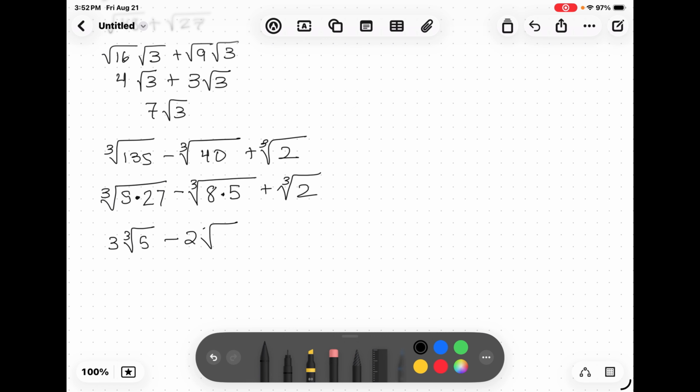And then I'm left with a 5. And those are my like terms, my cube root of 5 terms. I've got a like term there and a like term there. 3 minus 2 is 1. I've got 1 cube root of 5. And I didn't do anything with the cube root of 2 there. So that's it.